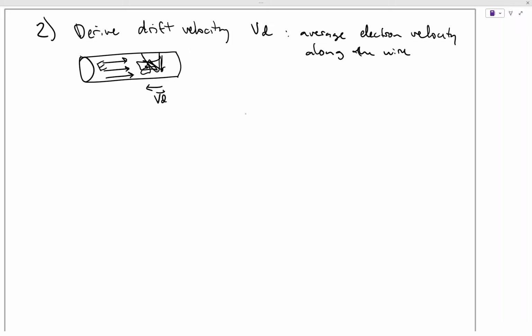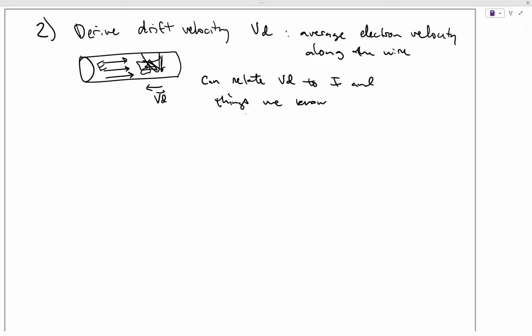It's upstream of the electric field lines, because the electrons actually travel in the opposite direction, right? And so we can relate Vd to current and things we already know.